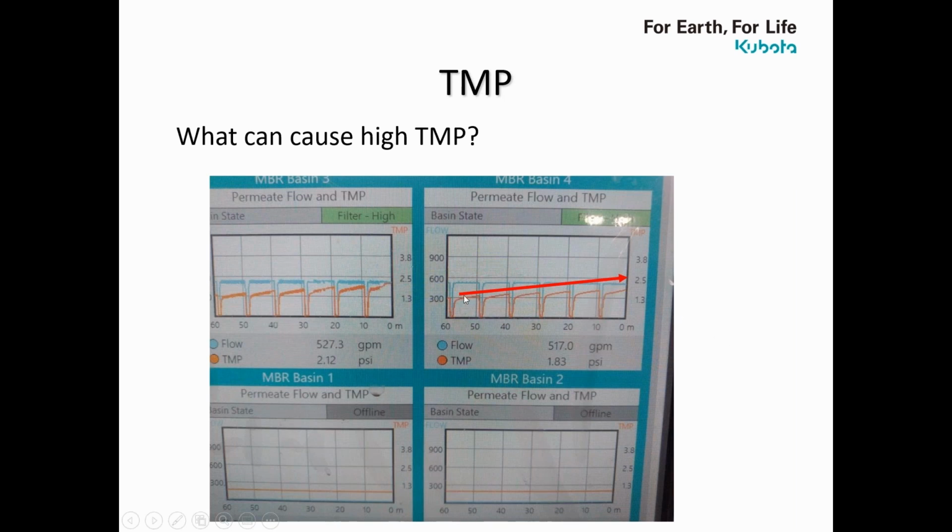When the TMP is rising like this, you should be cautious. It should be a lot more flat and stable.